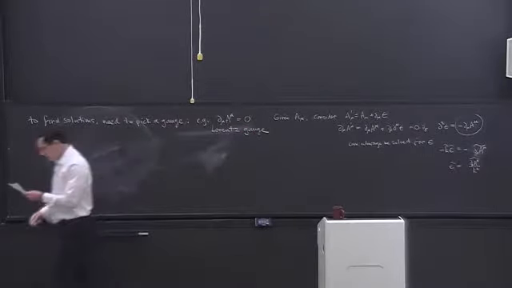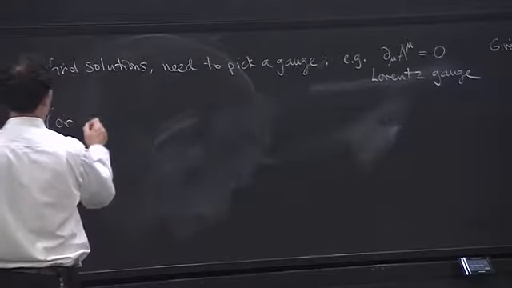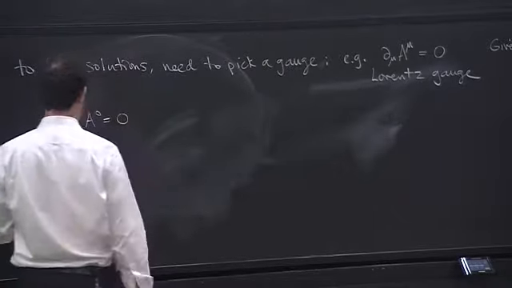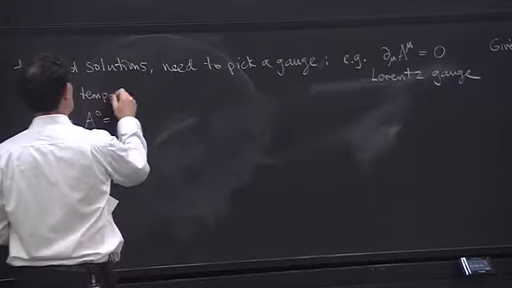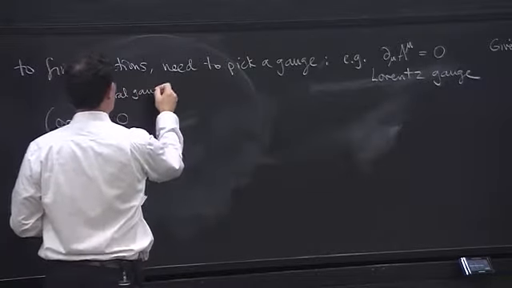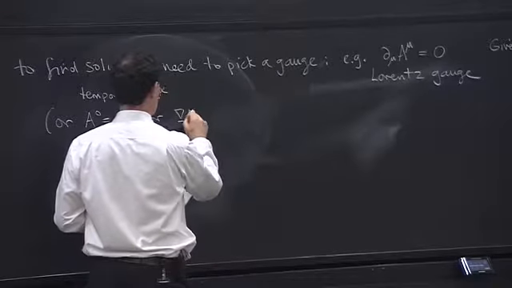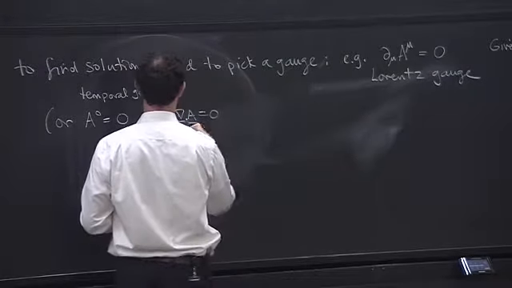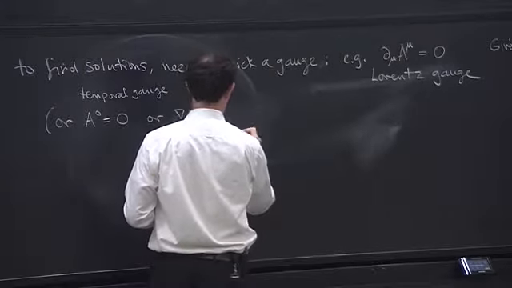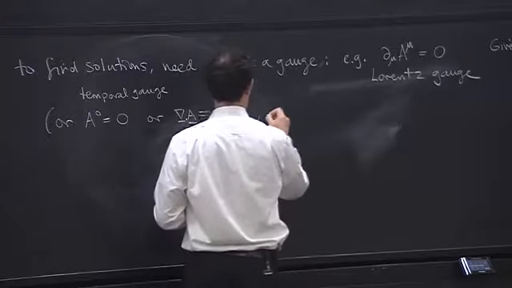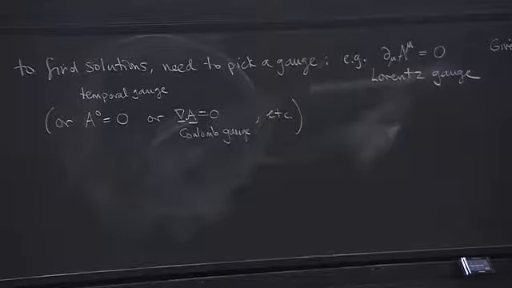Okay, and there are many other gauge choices possible. You can pick A naught equals 0. This is called temporal gauge. Or div A equals 0. That's called a Coulomb gauge. Etc. So there are all these possible gauges you can choose.